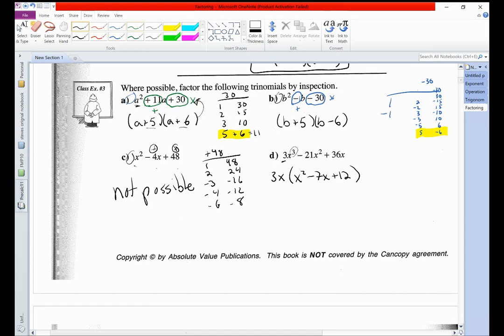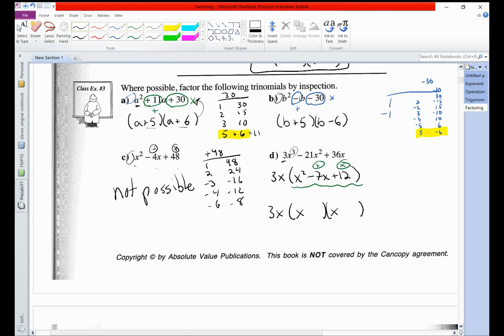Now you can see right here I have a trinomial that fits the mold that I need to use inspection to solve it. So I have 3x, and now I'm going to split that into 2 factors, x times x, and I need 2 numbers that multiply to positive 12 and add to positive 7.